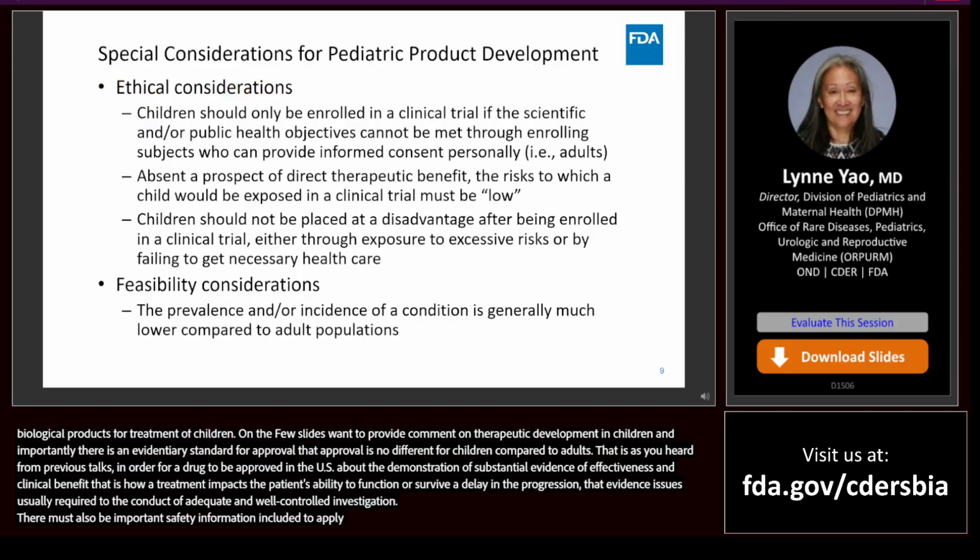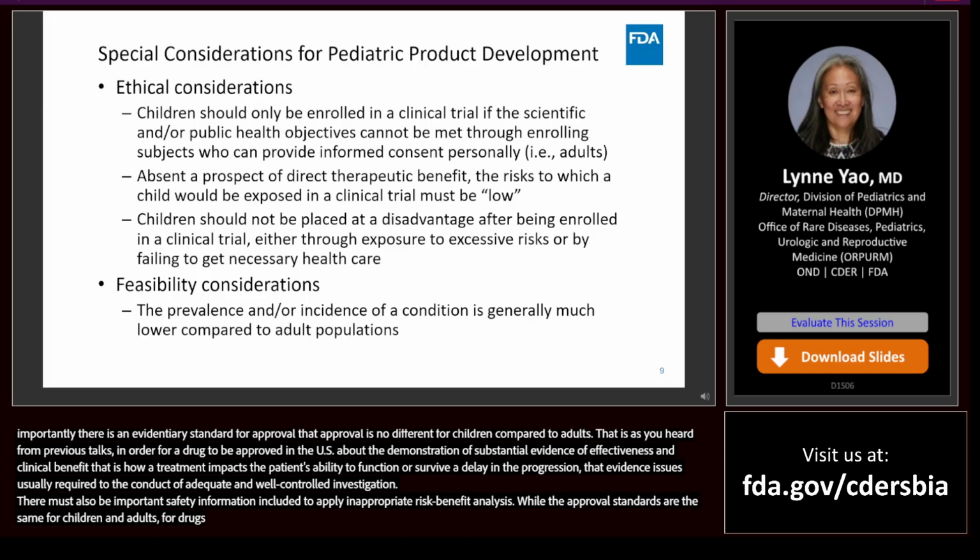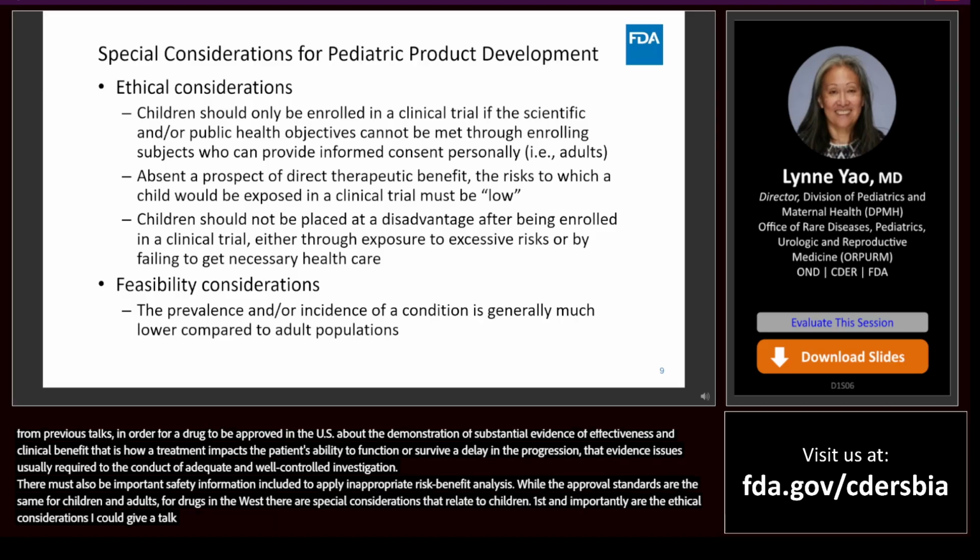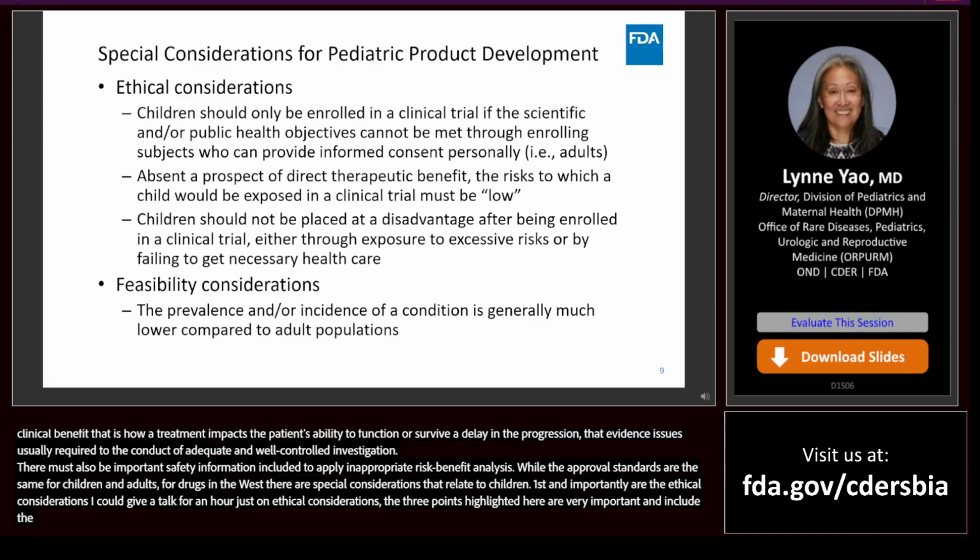So while the approval standards are the same for children and adults for drugs in the US, there are special considerations that relate to children. First, and very importantly, are the ethical considerations. And I could give a talk for an hour just on the ethical considerations. But the 3 points highlighted here are very important and include that children should only be enrolled in clinical trials if the objectives and the scientific data necessary cannot be met by enrolling a population that can provide informed consent.